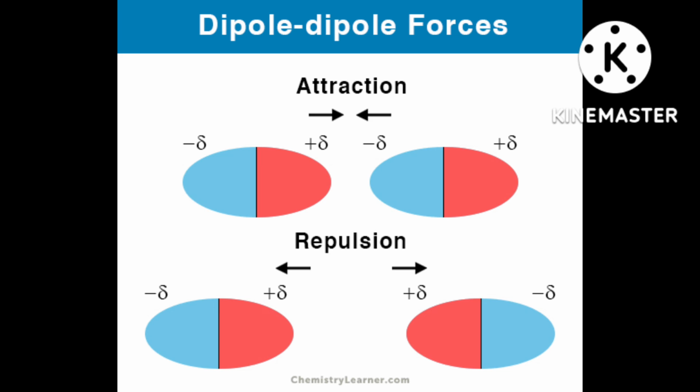Already I have told you what happens in two atoms: repulsion between nuclei, repulsion between electrons, like charges repel. Here we are telling about the same thing: repulsive forces also act in intermolecular interactions. Along with the attractive forces, repulsive forces work at the same time.